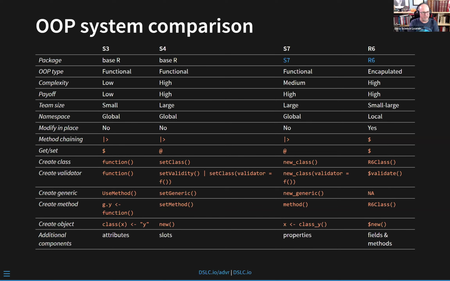It was funny, I updated that create class doesn't really exist for S3. A lot of times there'll be a function equivalent to character or integer or that kind of thing for S3 classes, but there doesn't have to be. The way you create a class is you assign that class to something, and voila, that class exists.